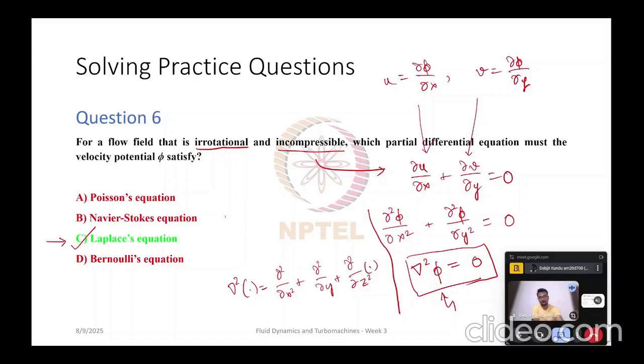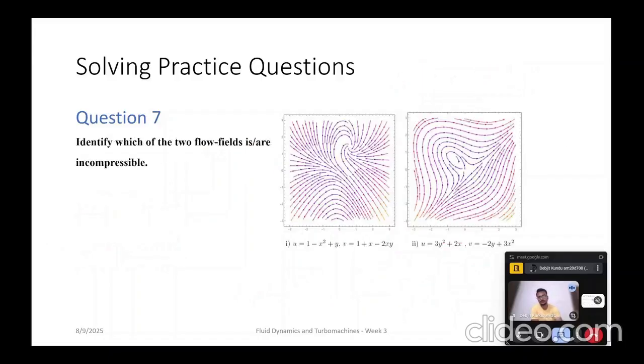Okay, so let's move on. We will move on to question number 7. Now, this is interesting. We have two figures over here with two sets of equations given below. These equations are the flow field equations, and the flow fields you can see in the figures above.